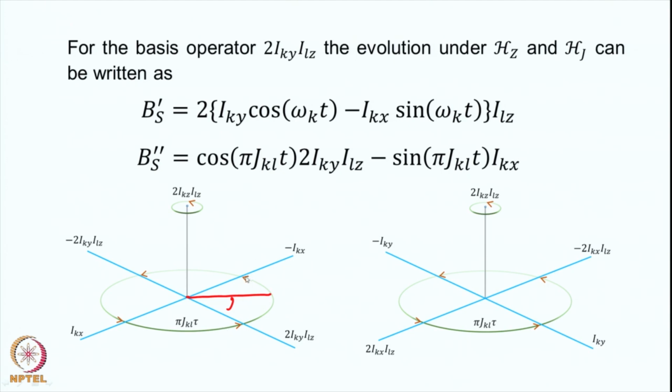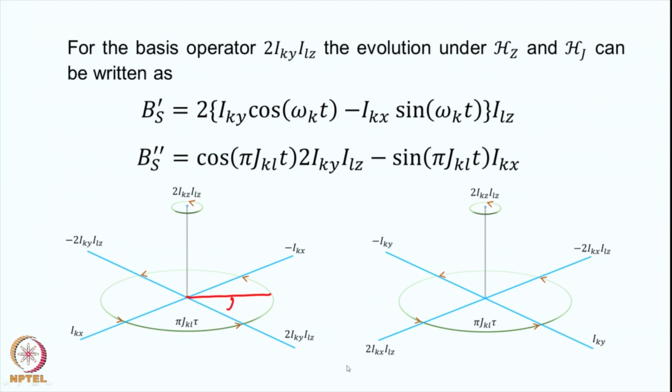And similarly it will continue. If you were to start here, you will move here, and things like that. Therefore these actually transform within themselves. This IKX, 2 IKY ILZ and IKZ ILZ form a group which transforms within itself. Go from here to here, you get this, and you can go from here to here, again you get this and this under the influence of the same Hamiltonian.